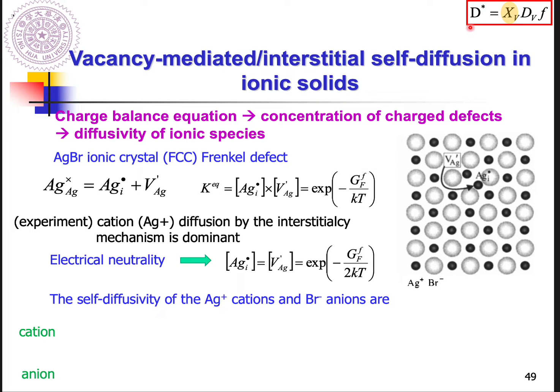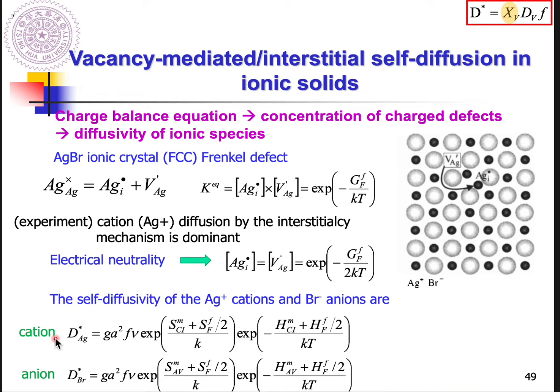Next, as long as you know the fractions, we can write down the self-diffusivity for silver and bromide. The self-diffusivity for the cation silver, because this is an ionic material, we put the G here.